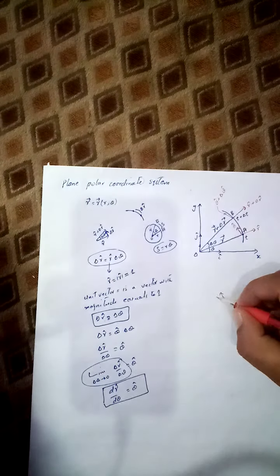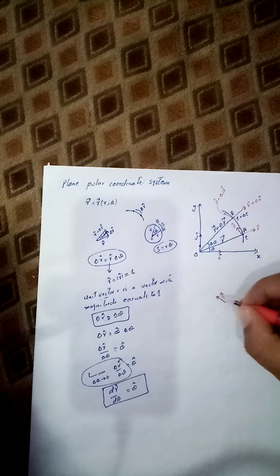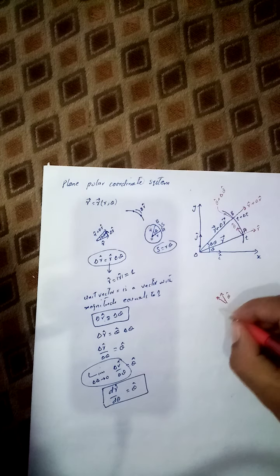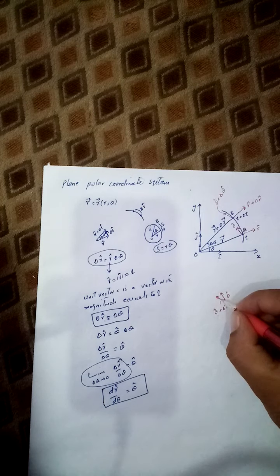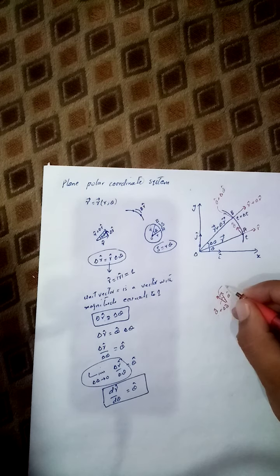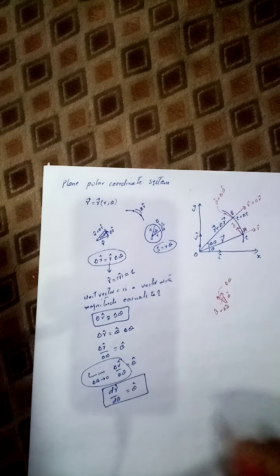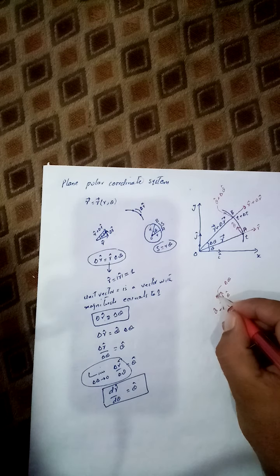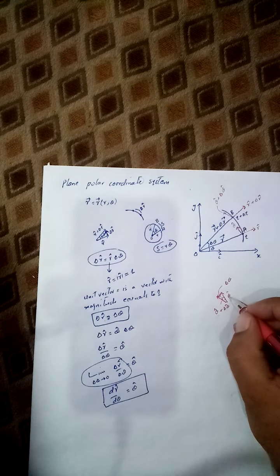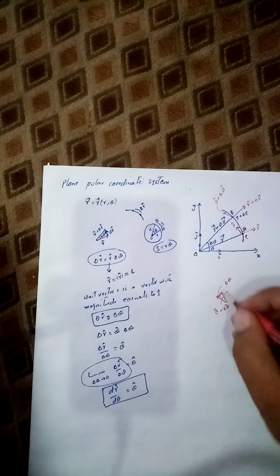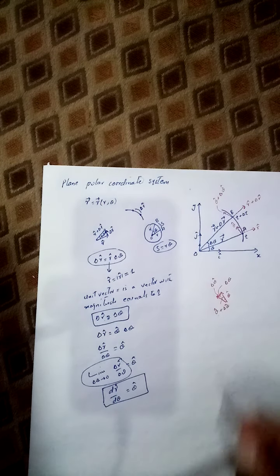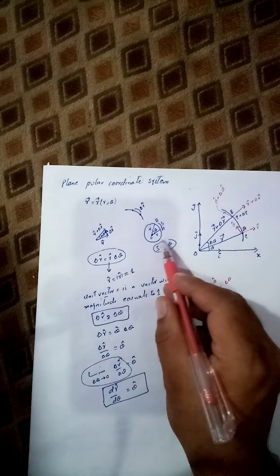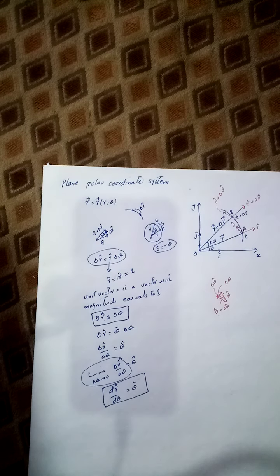This is theta cap, this is theta cap plus delta theta cap, and this is the angle delta theta. Now I have to calculate this change in unit vector from theta cap to theta cap plus delta theta cap, which is delta theta cap, which can be calculated using the same approach which we defined here.